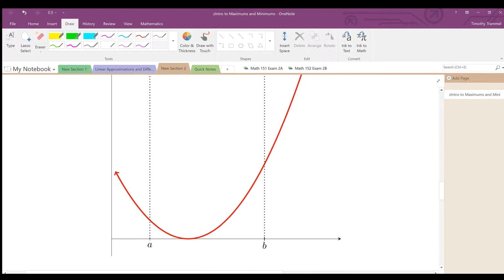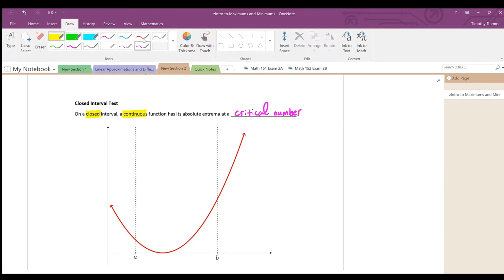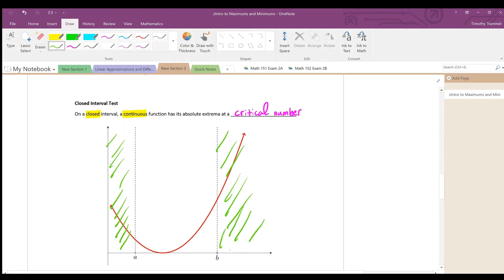And here's just a really basic example of what we'd be looking at here. So if we were to restrict ourselves to looking for absolute extrema just on the interval from A to B, we could almost imagine just ignoring the rest of this graph.